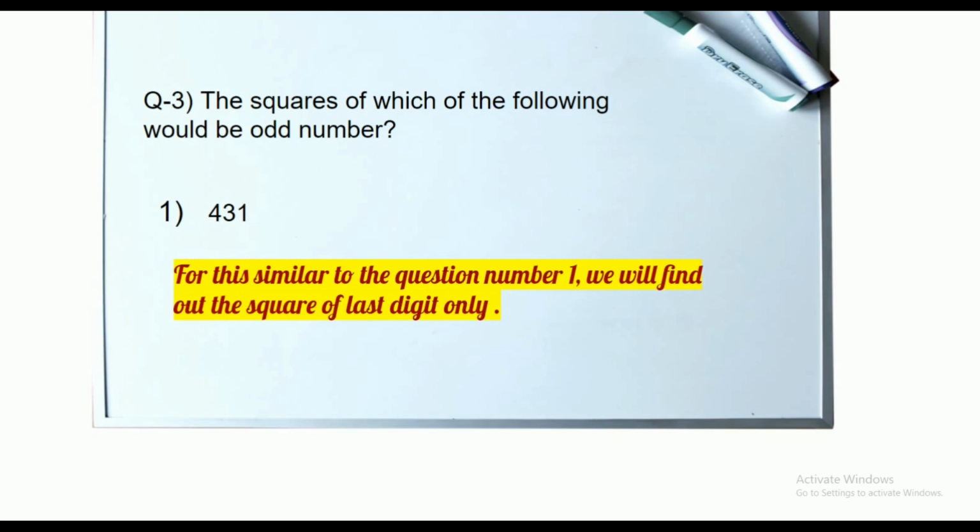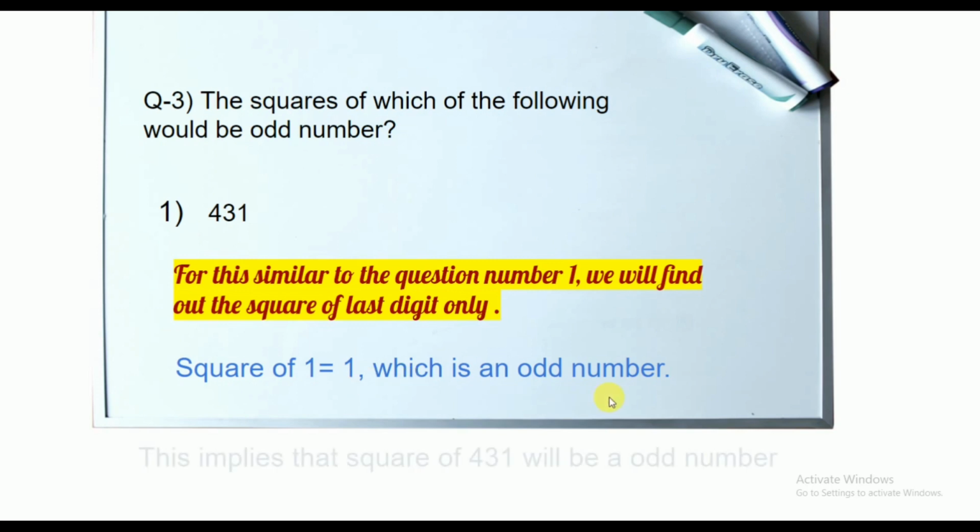We will not find the square of 431. The last digit of 431 is 1. So, the square of 1 is equal to 1, which is an odd number. So, the square of 431 will also be an odd number.